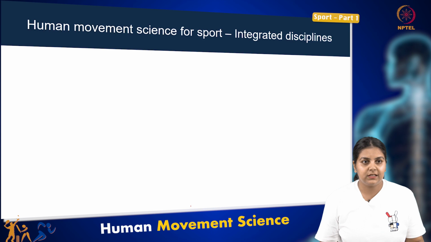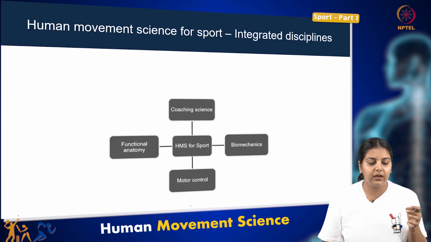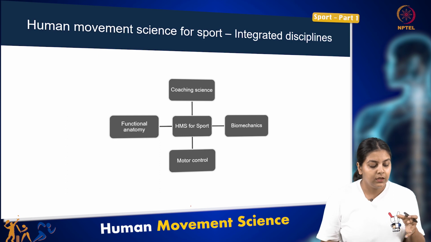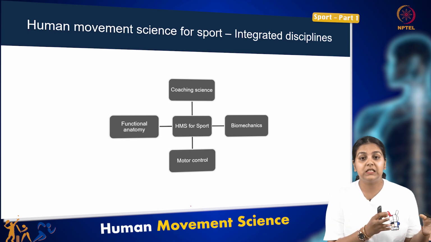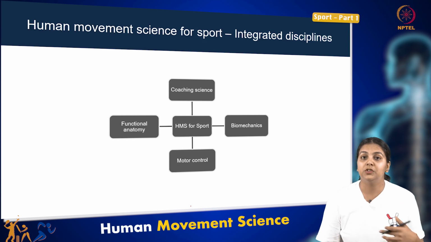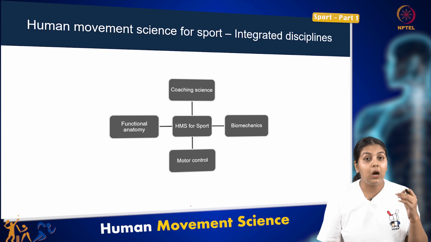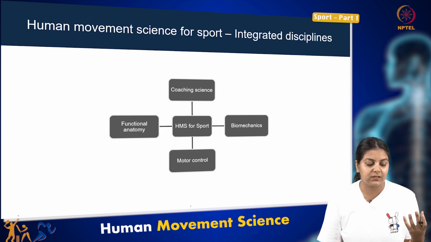Right, so let's look at some of these integrated disciplines. If you look at this figure quite quickly, HMS is your human movement science, and when you are considering it for sport, apart from physiology, these are your major disciplines from which you would draw some of the principles or considerations. Now, how exactly do we do this? What questions do we ask when we're doing the analysis? We look at them in the next few slides, right?